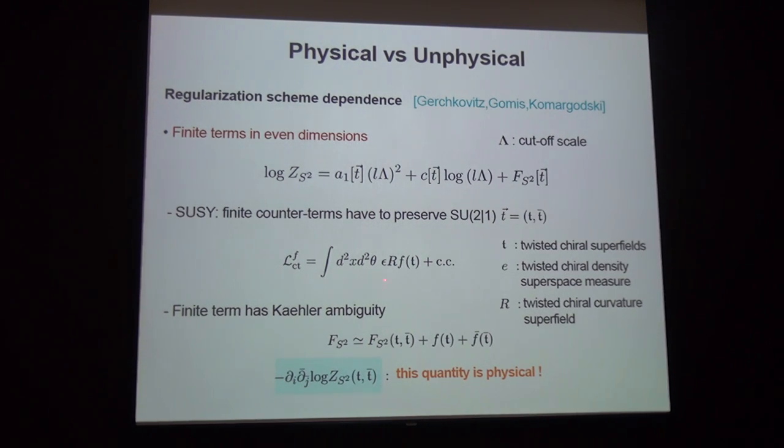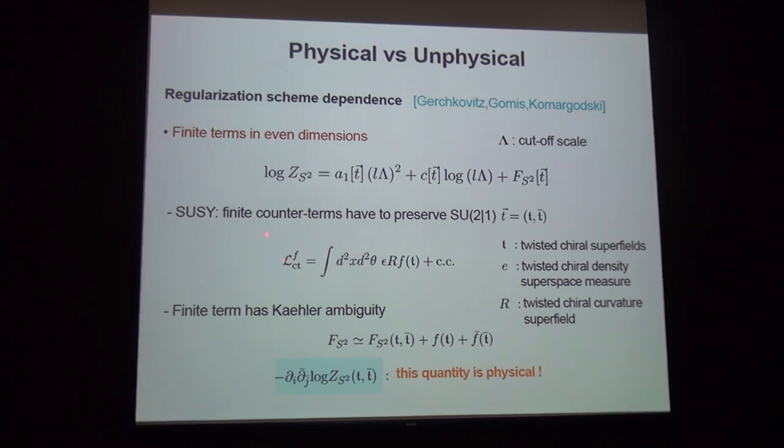In fact, one can show that the finite contact term preserving this SU(2|1) supersymmetry is given by these expressions, where E represents the twisted chiral density superspace measure, capital R represents the twisted chiral curvature superfield, and F is an arbitrary holomorphic function of T, where T is the twisted chiral superfield whose lowest component can be identified as the background coupling constant t. Here I just decompose this background field for the coupling constant into holomorphic and anti-holomorphic parts.